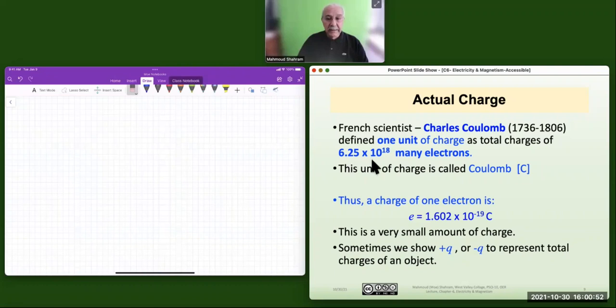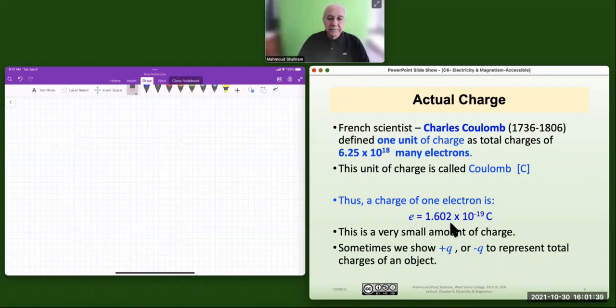He calculated that if you have this many electrons, 6.25 times 10 to the 18 electrons, we can assign a charge of 1 unit, 1 coulomb. The unit of charge is called the coulomb. If that many electrons is 1 coulomb, then the charge of 1 electron should be 1 over that, which is 1.6 times 10 to the minus 19 coulomb.